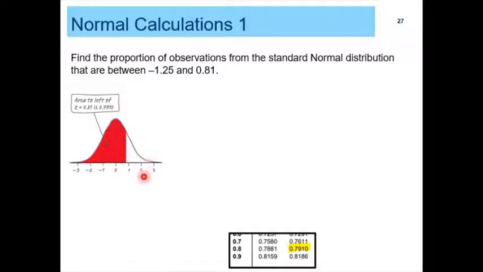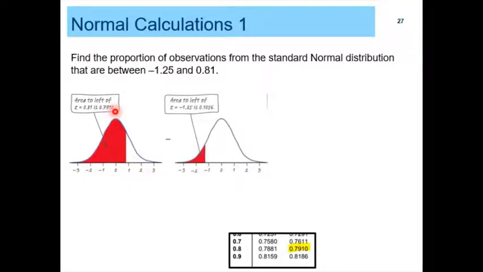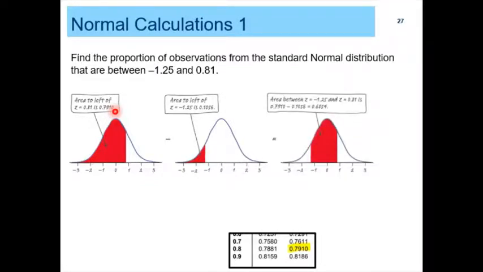To get the right part, we subtract it from 1, so 1 minus 0.7910 is 0.2090. Now for z value of minus 1.25, the area is 0.1056. To find the area between minus 1.25 and 0.81, we subtract 0.7910 minus 0.1056, which gives 0.6854.